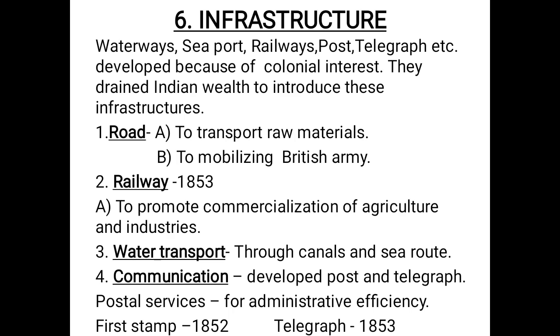Number two, railways. The first Indian train was started in the year 1853, and railways were developed to promote commercialization of agriculture and industries. The British company stressed the commercialization of agriculture.